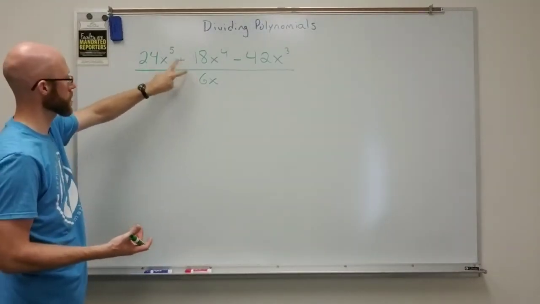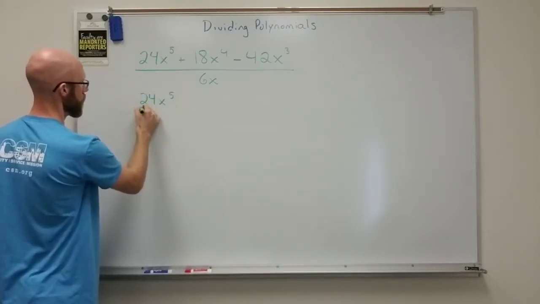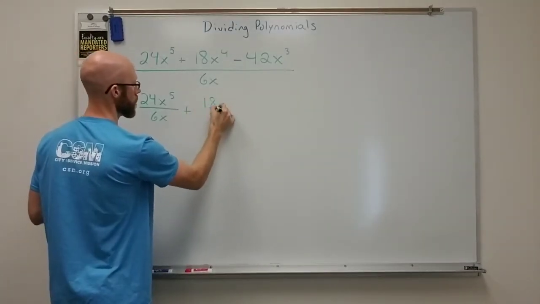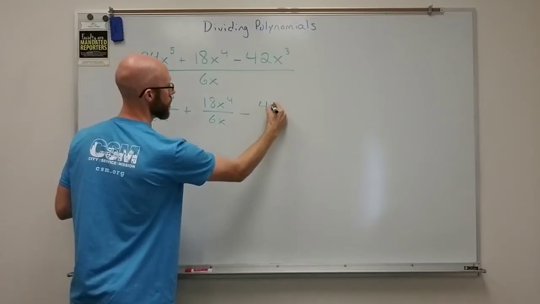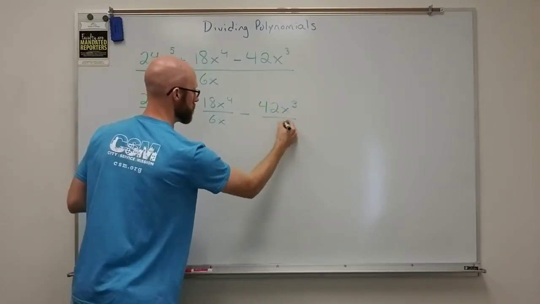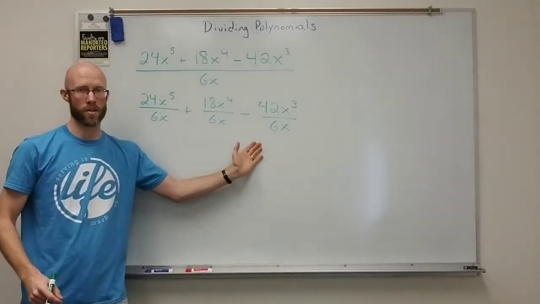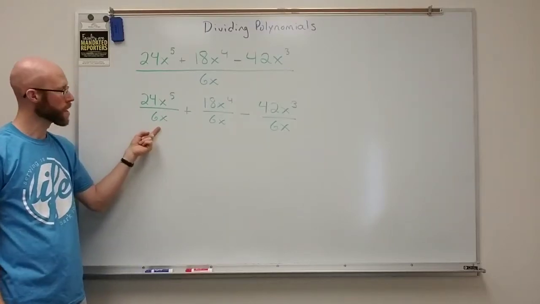So I'm going to take that 6x and divide it into the first term and the second term and the third term. So now I have created three fractions, each with a common denominator.